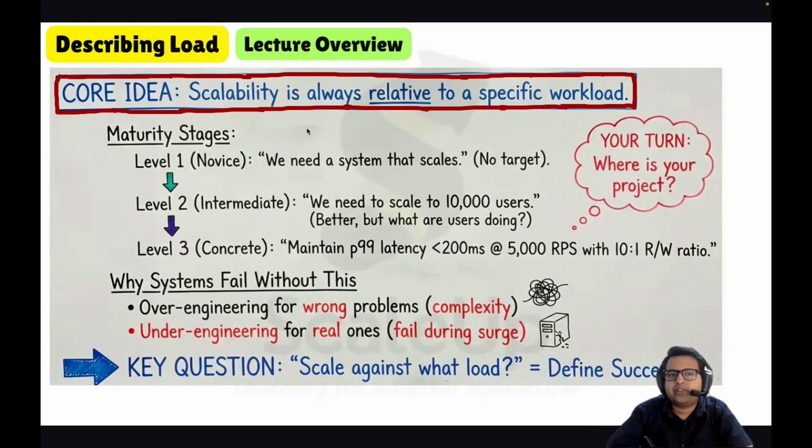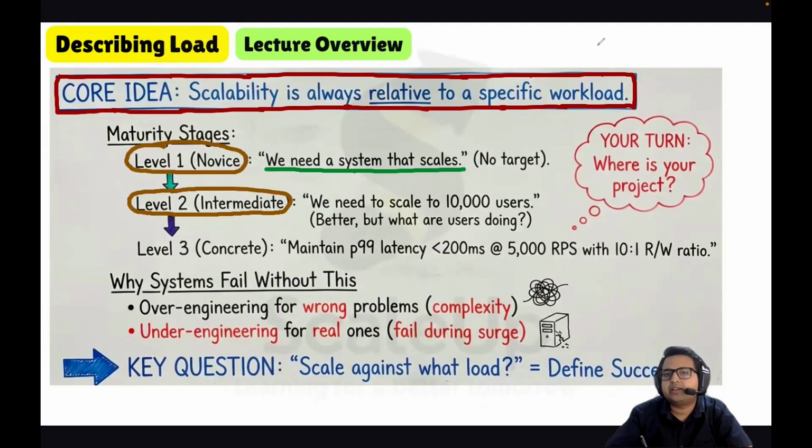The first stage is level one, novice. A fresher or a novice will just say, we need a system that scales. No target, nothing, just a system that scales. So it's a very vague statement. At level two, the intermediate, they will use a statement like, we need to scale to 10,000 users.